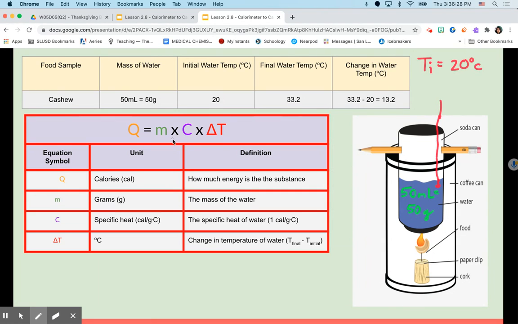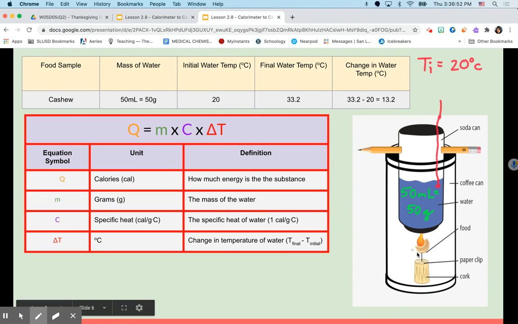And remember that in order for me to calculate the calories of something, I need to know the mass of the water that I'm using, the specific heat of water, and the change in the temperature of the water. And again, we need to know things about the water, not about the food itself, because we're going to transfer all of this heat energy into the water itself, right?